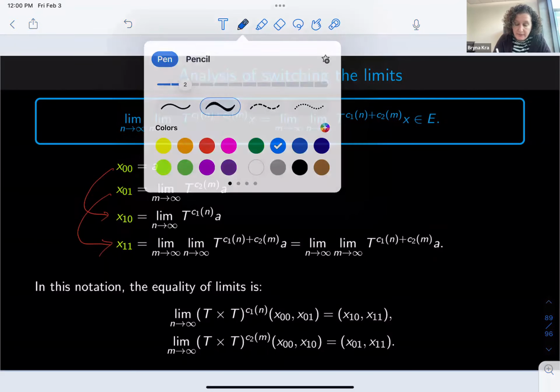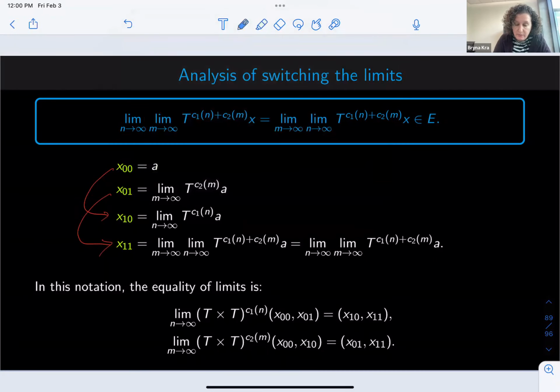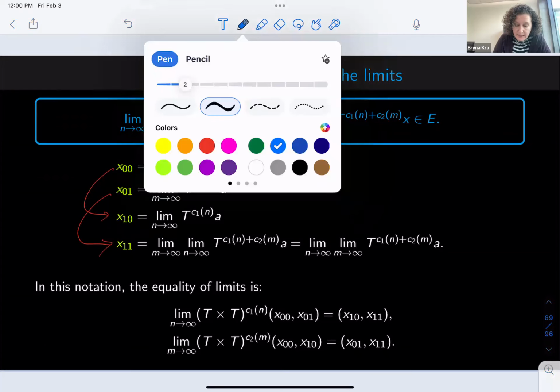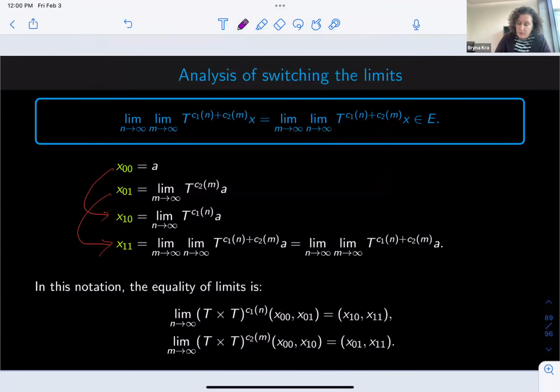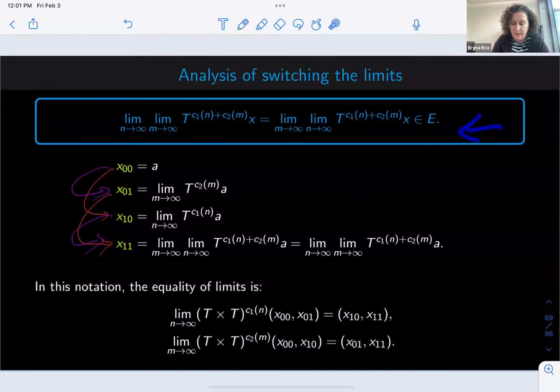And at the same time, let me pick a different color, when I do this, you will also start with X00, the second statement down here. This one will map to that one at the same time that X10 maps to that one. So if you could prove that you can do this iteration, you exactly would get the statement in this kind of switching of the limits that happens.